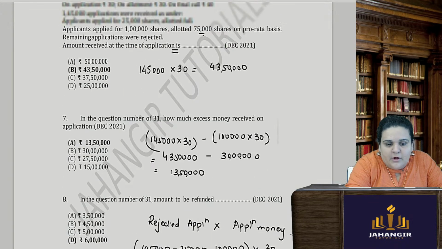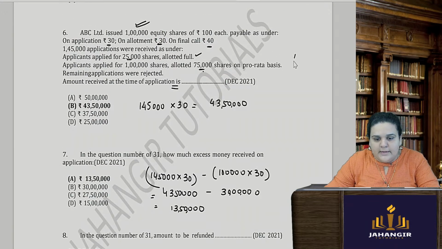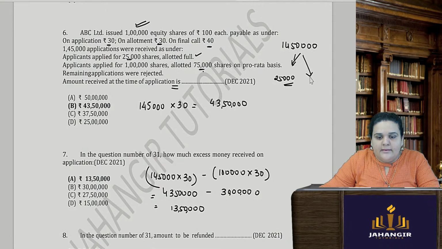Right now, out of this 1,45,000, again I am explaining. Out of this 1,45,000, this is an excess amount. I have only 1 lakh shares. What I did is 25,000 was fully allotted. Then for 1 lakh shares I did it as per pro rata and allotted them 75,000 shares.